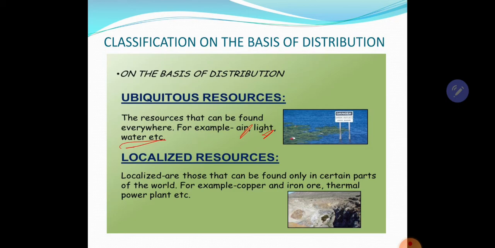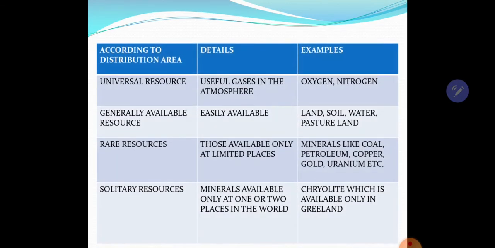Now, in our textbook, they are divided further into universal resources, generally available resources, rare resources, and solitary resources. Universal resources like useful gases in the atmosphere, like oxygen and nitrogen, are found everywhere.